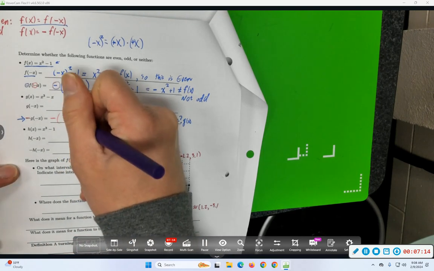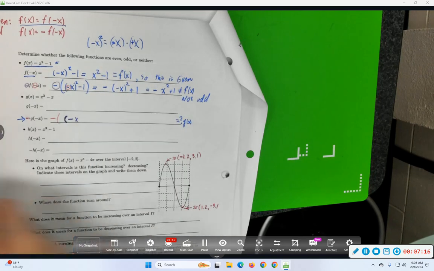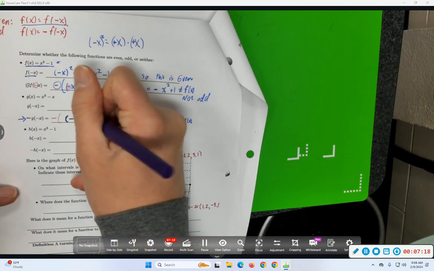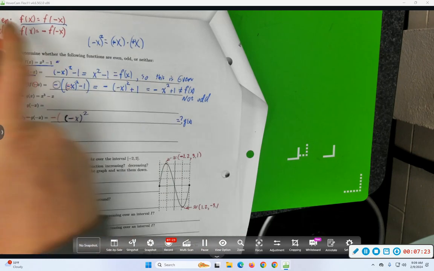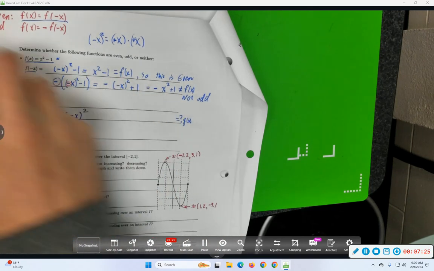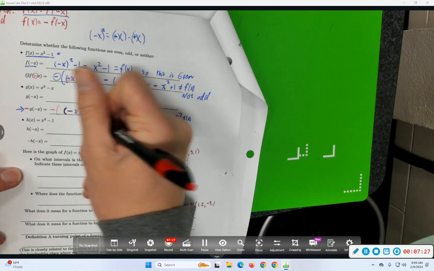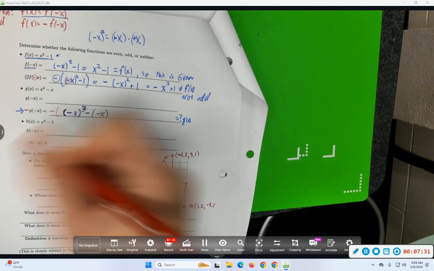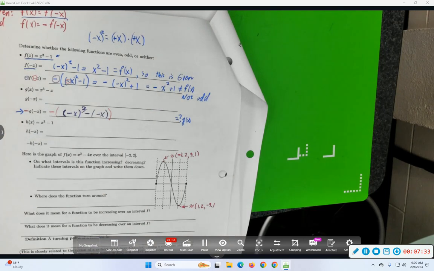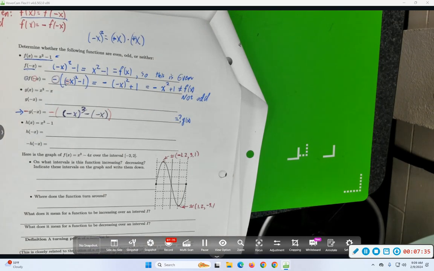Negative x, cubed. Thank you, that would change things, wouldn't it? Minus negative x. All right, did I successfully replace all the x's with negative x's and then stick a negative sign out front?